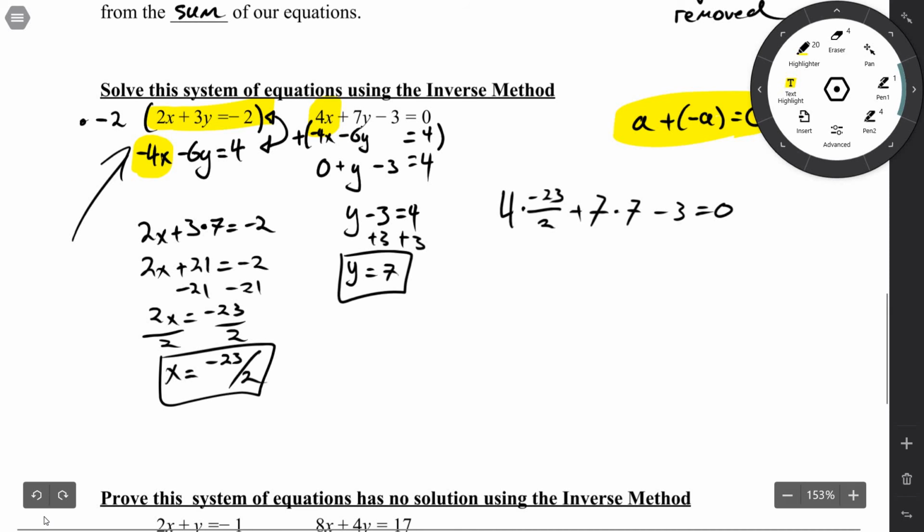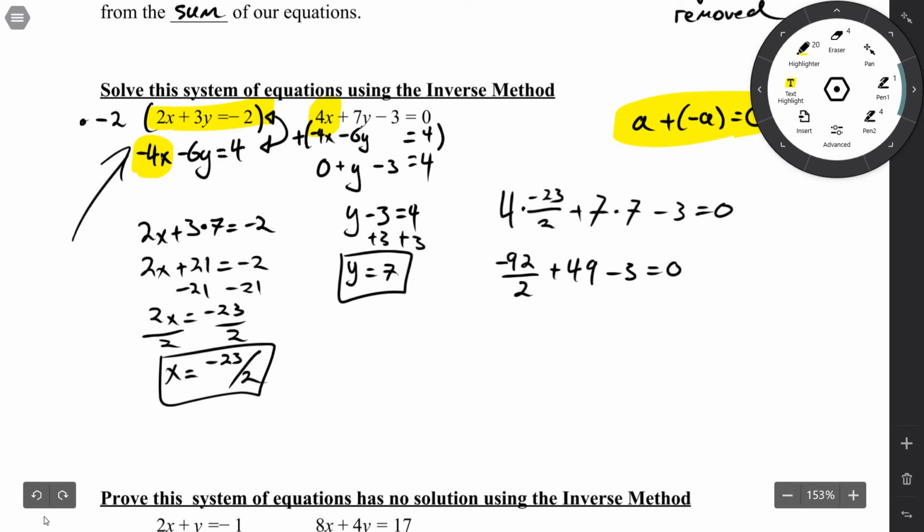Let's see. Negative 23 times 4. I'm just going to use my calculator. Why not? Let's see. 23 times 4 is 92 over 2. Negative 92 over 2. Plus 7 times 7 is 49. Minus 3 equals 0.